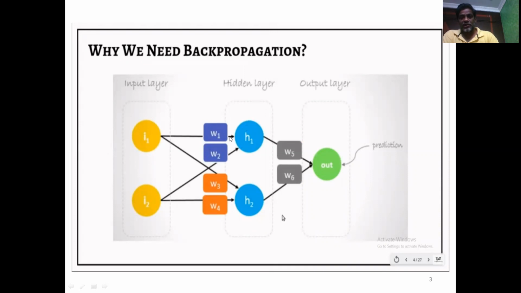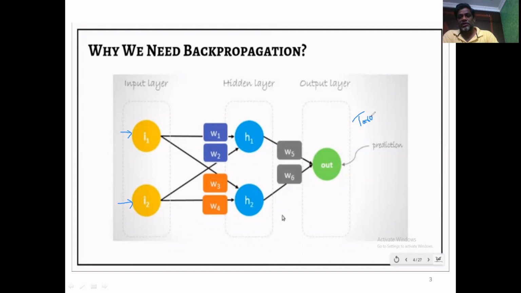We all know that initially the weights, W1, W2, W3, W4, W5, and W6, are initialized to some random values, generally between 0 and 1. Then we supply a particular input pattern I1 and I2, and the target value is fed to this model.